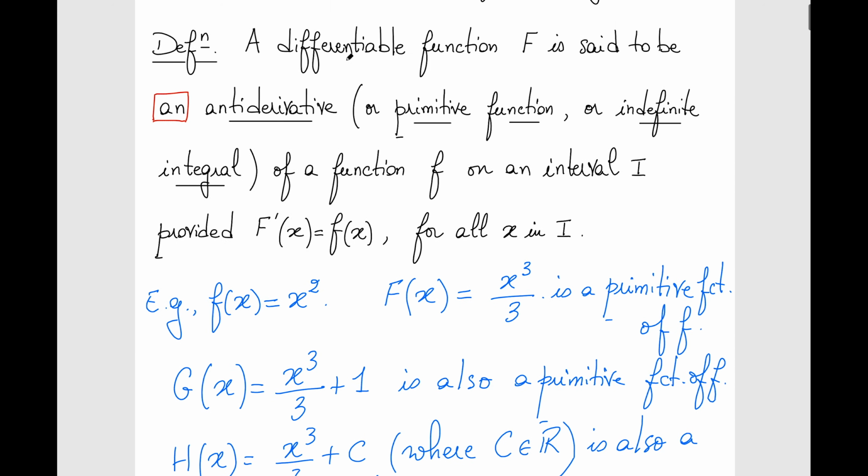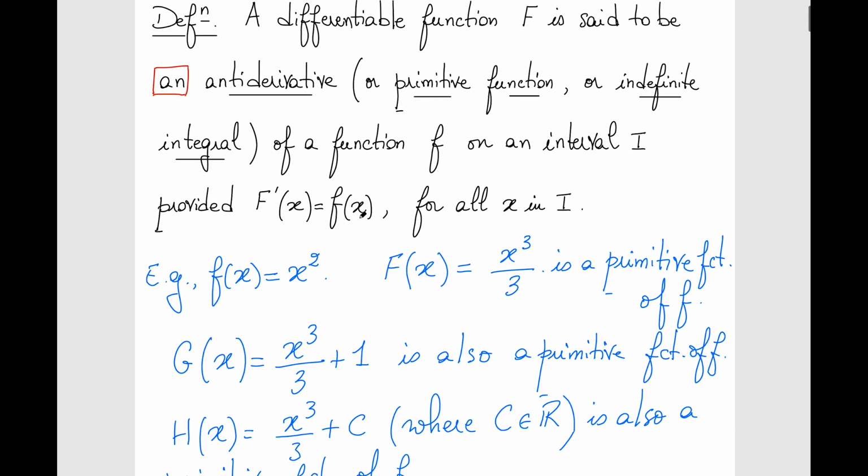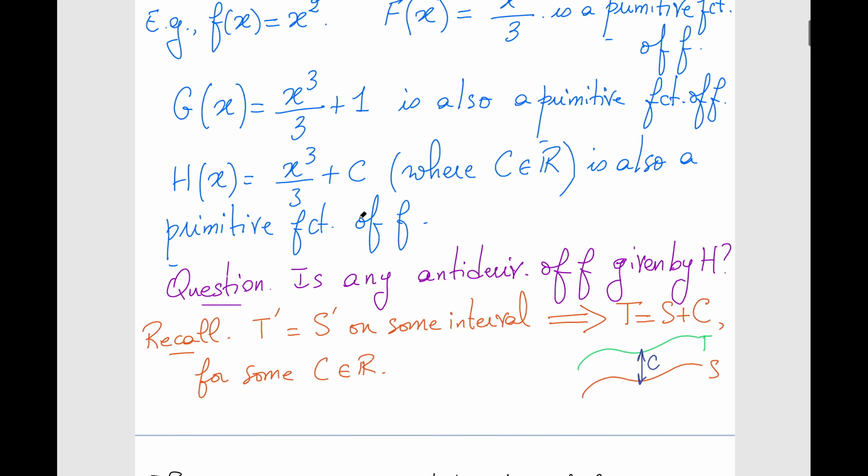So once you find one primitive function, you add to that function an arbitrary constant c, and you discovered all the primitive functions of that function little f. All right? So this is the takeaway from the discussion here.